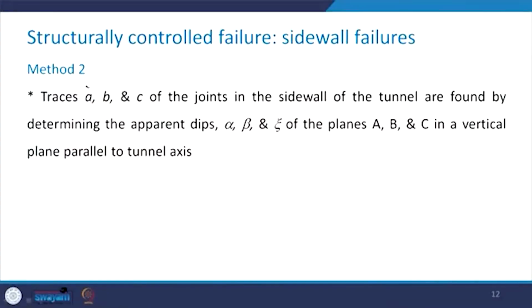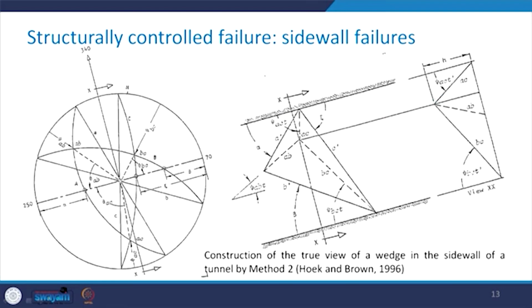In this case, these traces A, B and C of the joints in the side wall of the tunnel are found by determining the apparent dips alpha, beta and zeta of the planes A, B and C in a vertical plane which is parallel to the tunnel axis. Take a look how.